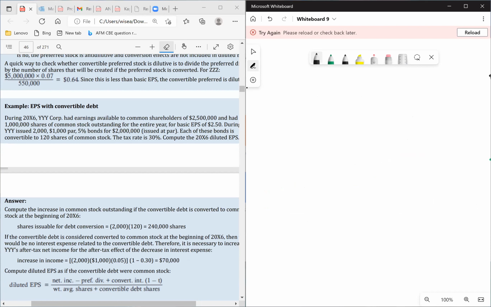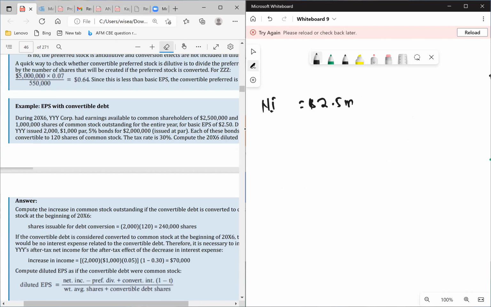So the net income is 2.5 million and shares was 1 million. The basic earnings per share is $2.5.